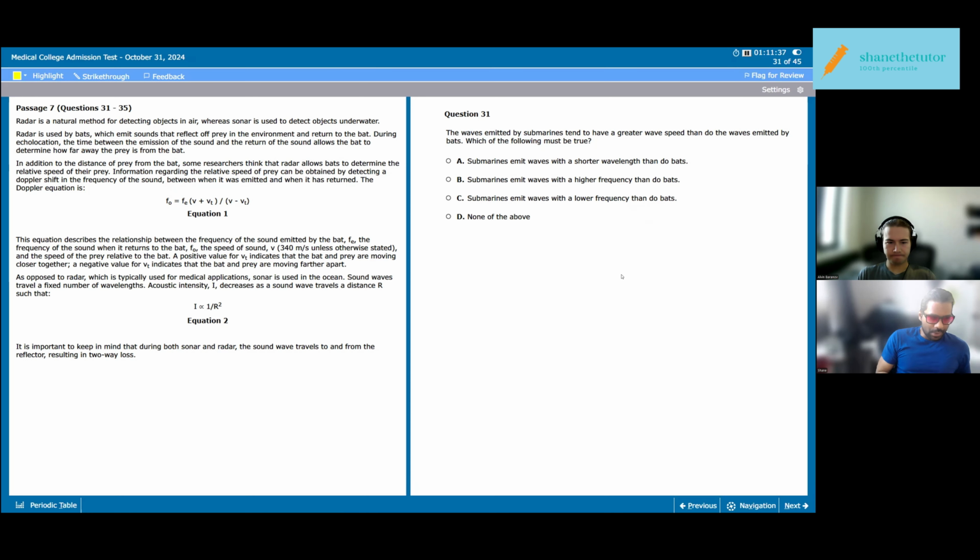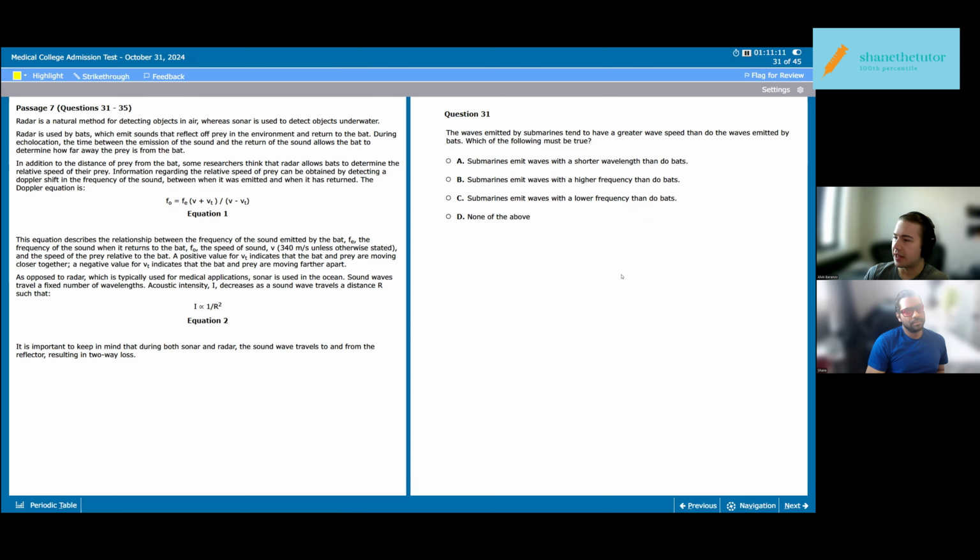So why don't you describe to me what echolocation is? Like the bat basically lets out its echolocation emission. Echolocation is the process of a bat, or some sort of organism, emitting a sound.